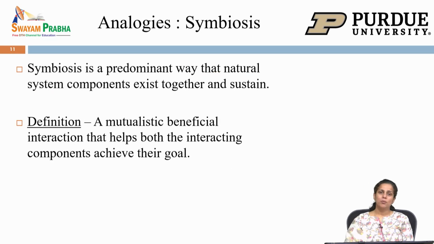The next important analogy that you would want to think about for sustainable industrial ecosystem design is symbiosis. Symbiosis is a very predominant way in which natural systems exist together and sustain each other. The definition of symbiosis is a mutualistic, beneficial interaction that helps both the interacting components achieve their goal.